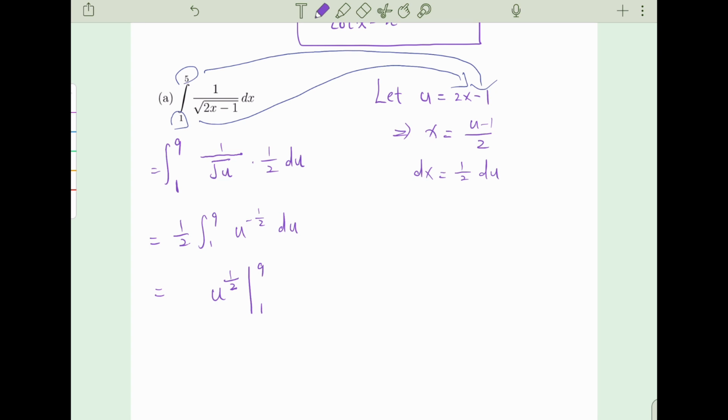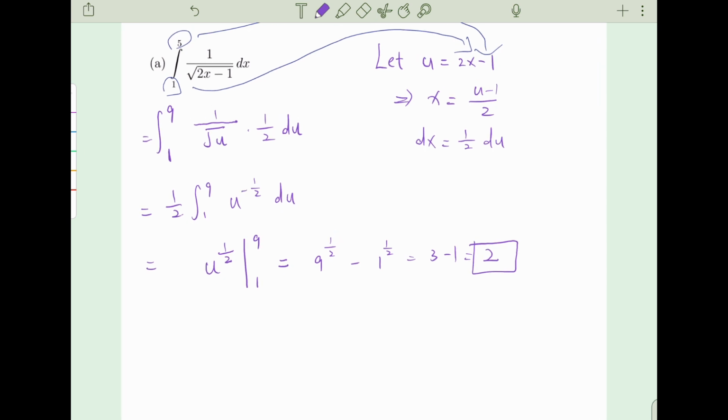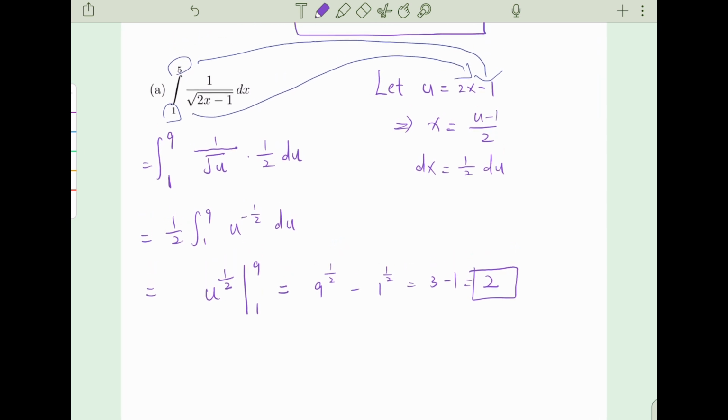And we can just plug in, so it becomes 9 to the 1/2 minus 1 to the 1/2. That is 3 minus 1, which is 2. So that is question A.